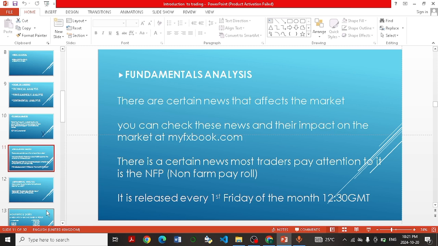Now, there's some news in the market that most traders pay attention to and look out for. That news is called the non-farm payroll, that's NFP. So there's NFP, there's FOMC, there are a lot of Powell speeches. There are a lot of news that affect the market. A lot of traders look out for non-farm payroll, that's NFP.